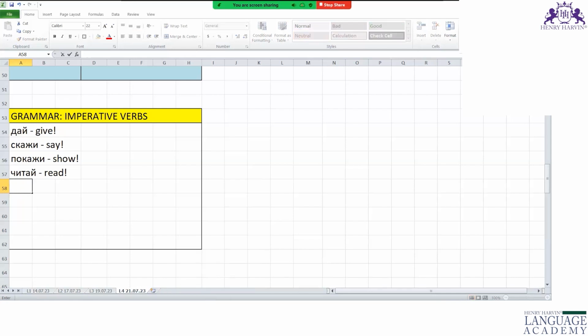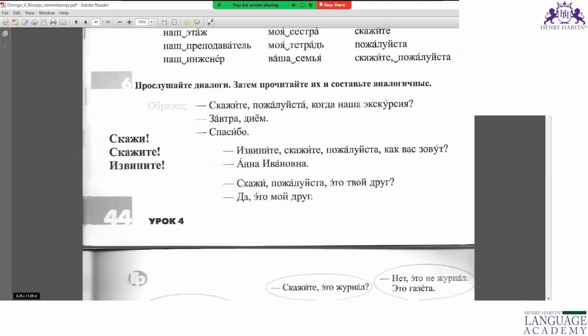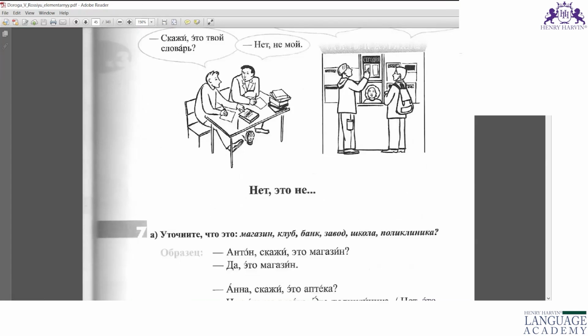Пиши is write. Пиши, write. One minute, let me see. Okay, and then as I said, the words like здравствуй and извините, excuse me, are also verbs grammatically.